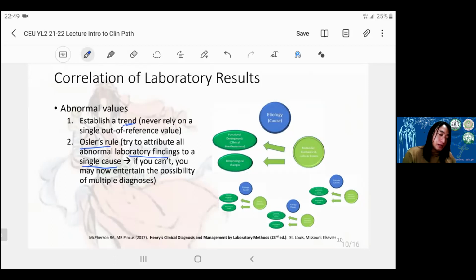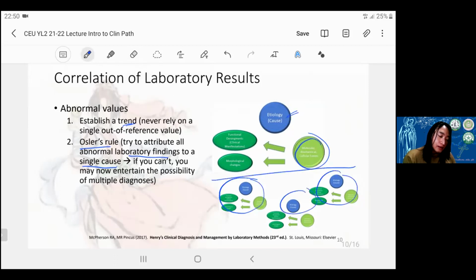So you have to be very accurate in determining the cause of the disease. So as much as possible, you want to explain all these changes through a single cause. And if you can't, that's when you try to entertain the possibility of multiple causes.